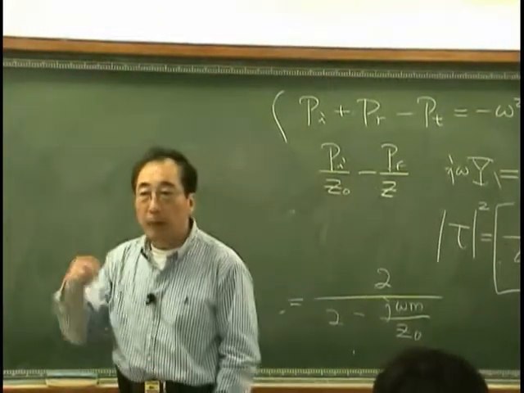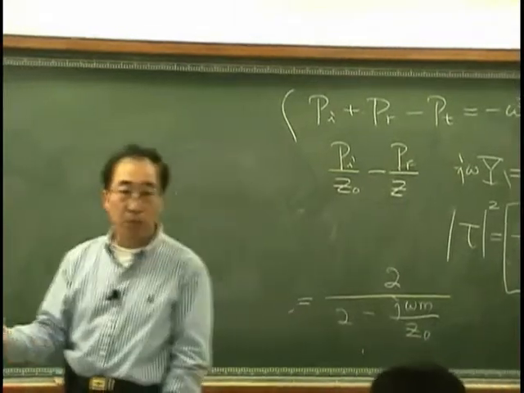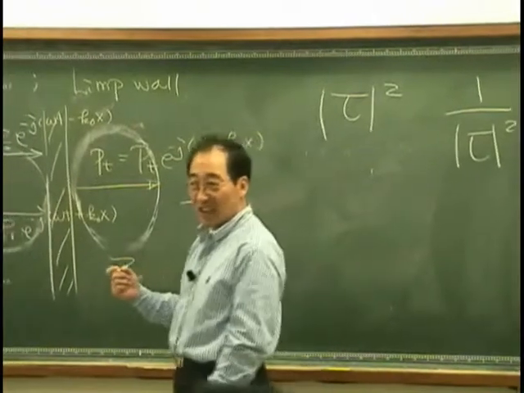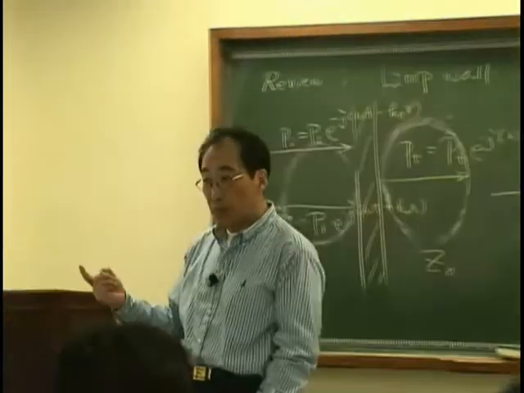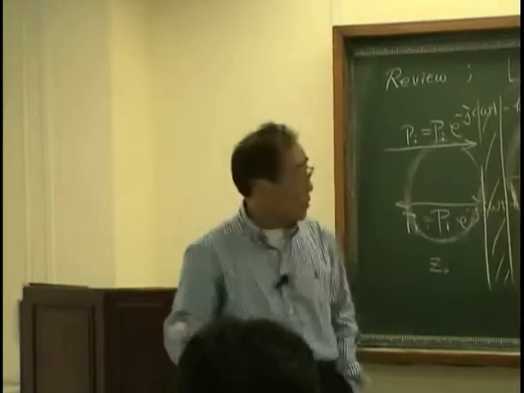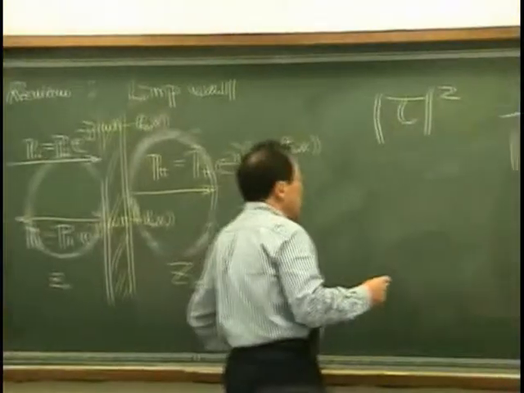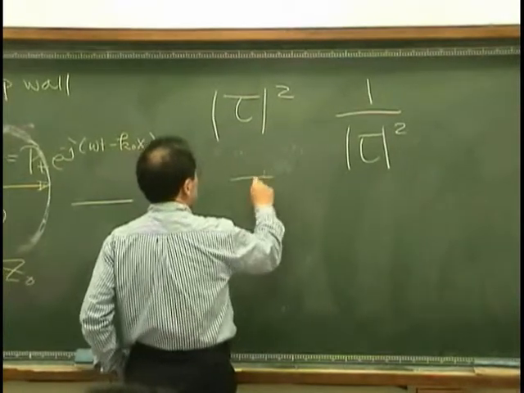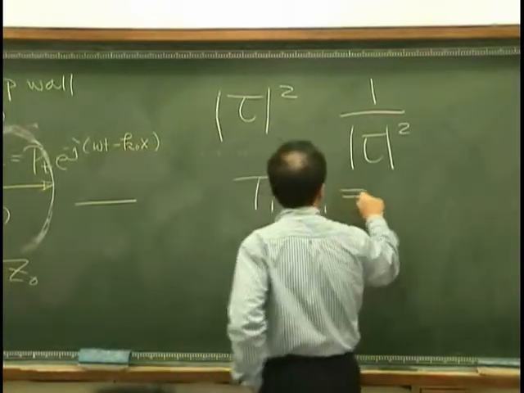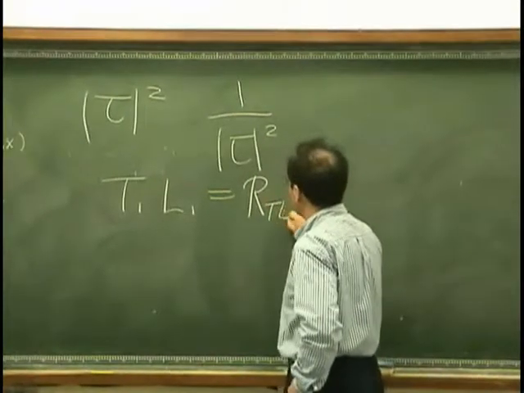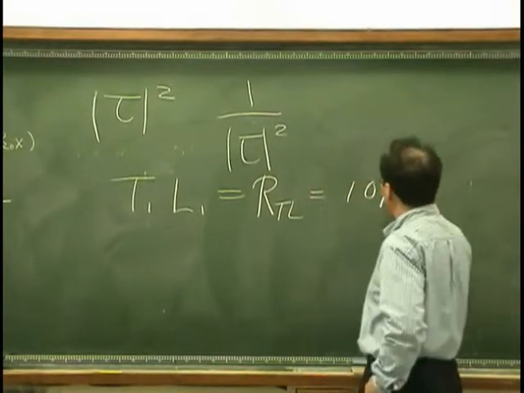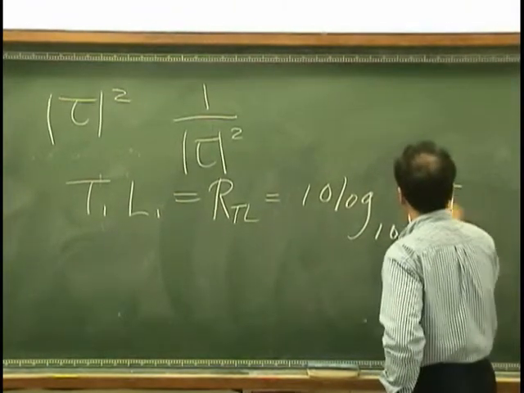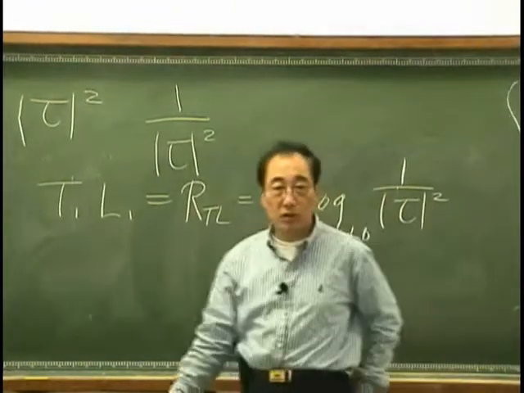Okay? And because it's a noise control problem, we'd rather use log scale. So, transmission loss is defined as 10 log 10 of 1 over the tau magnitude. That is transmission loss.